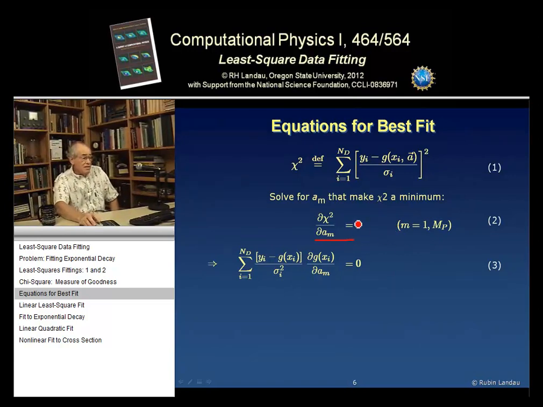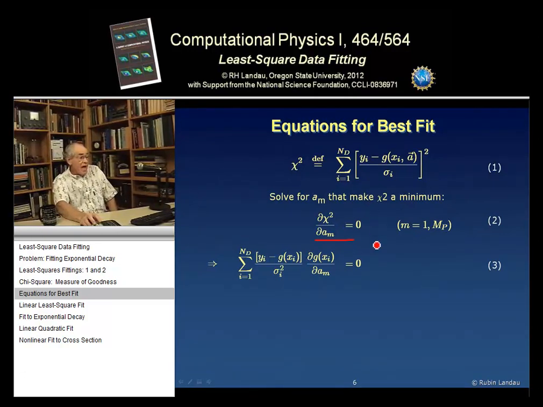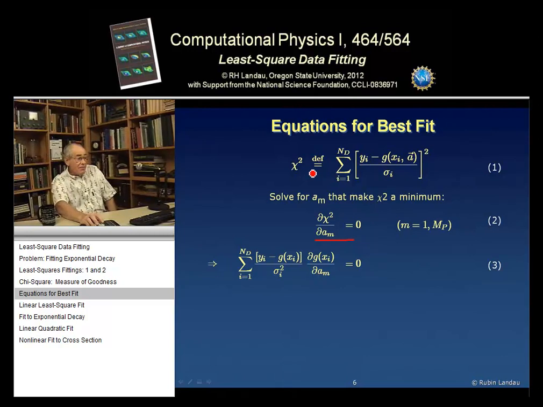So that says that for each value of the parameter, for m equals 1 to mp, so for mp parameter values, we have an equation. So we get a whole bunch of equations. So if we actually say, here's the value of chi-squared in equation 1, let's now take the derivative of chi-squared with respect to a. In equation 1, what do we get? We get 2 comes down, but it falls away because it's going to be 0.